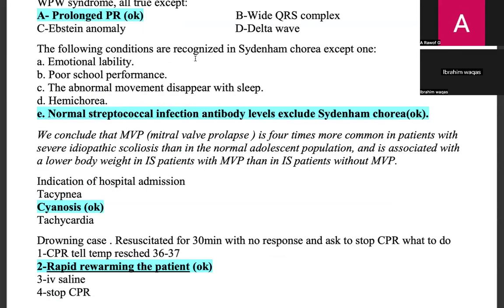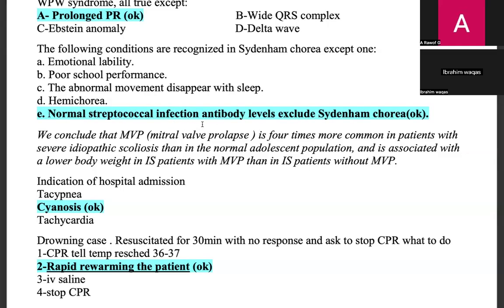The following conditions are recognized in Sydenham's chorea. Sydenham's chorea will have all except: emotional lability, poor school performance, abnormal movements that disappear with sleep, hemichorea, normal streptococcal infection antibody levels.